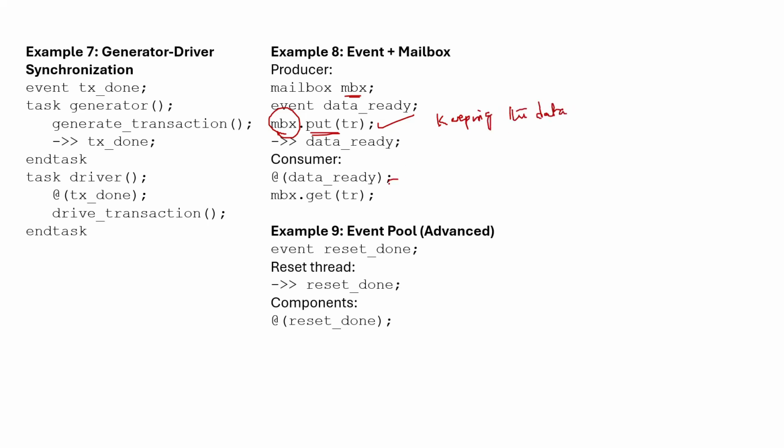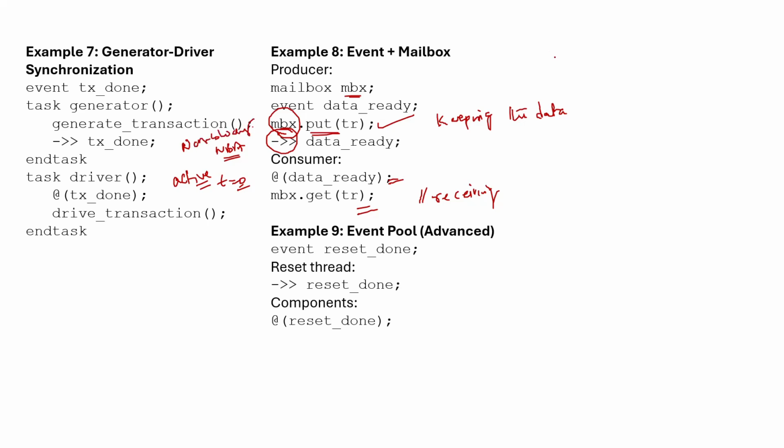And here I'm ready to consume the data and getting the data, that means receiving the data. You are waiting at t equal to 0 time only, so this is a non-blocking event. Then in the NBA region, this will be happening at the active region and this will be happening at the non-blocking region.